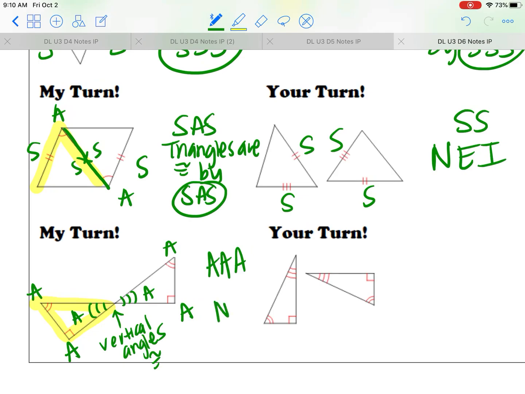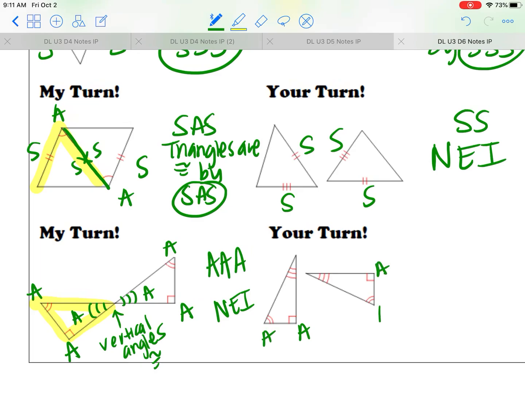But I know that angle, angle, angle is not enough information. I need to remember the example I gave you with the right triangles, that you can have similar right triangles. So having three pairs of corresponding congruent angles is not enough information to determine that these triangles are congruent.